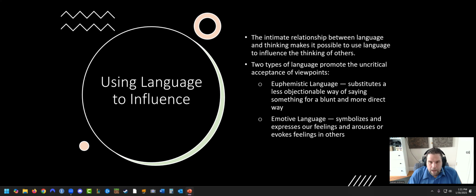So the intimate relationship between language and thinking makes it possible to use language to influence the thinking of others, right? And then some other examples of influencing individuals or getting them to think about a concept a little bit differently would be language that tries to promote what we call the uncritical acceptance of viewpoints. So, for example, using euphemistic language, substituting a less objectionable way of saying something for perhaps a more blunt or a direct way.